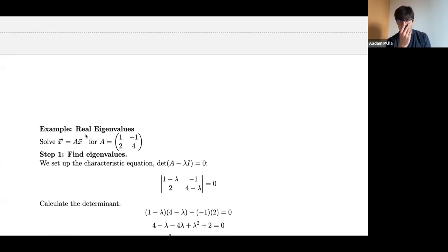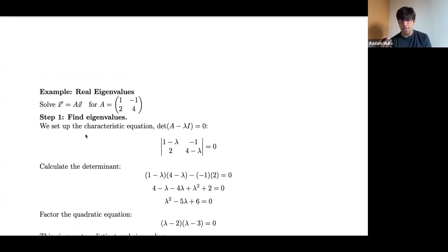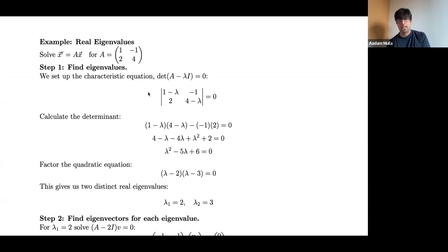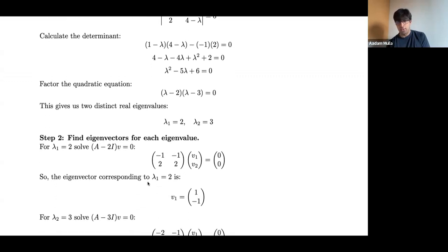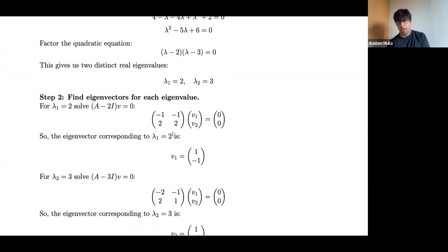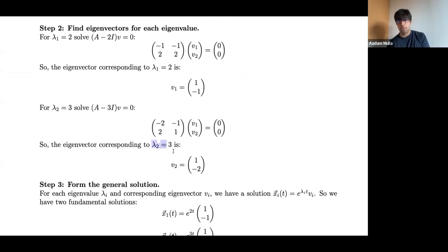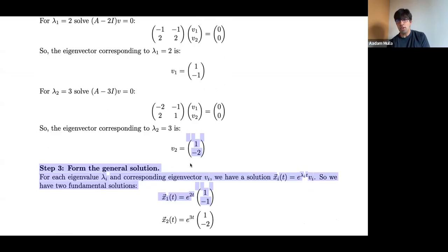Okay, step one, real eigenvalues. Let's do an example. It's as simple as literally finding eigenvectors and eigenvalues. Eigenvalue lambda equals 2, here's its eigenvector. Eigenvalue lambda equals 3, here's its eigenvector. You form the general solution, where x is our vector again: c1 e^(lambda1 t) times v1 plus c2 e^(lambda2 t) times v2.